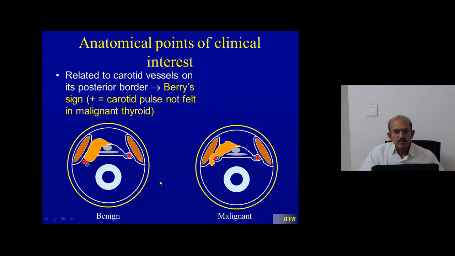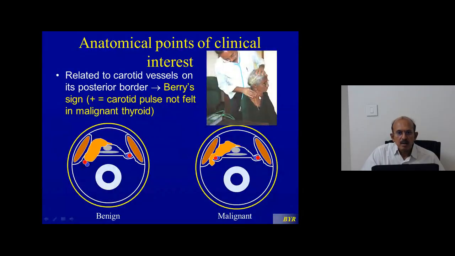Now, what is Berry's sign? What you do is, in a patient with an enlarged lobe, you palpate the carotid vessels at the posterior, just behind the posterior border of the thyroid gland swelling. This is the thyroid gland swelling. Are you able to appreciate this image?